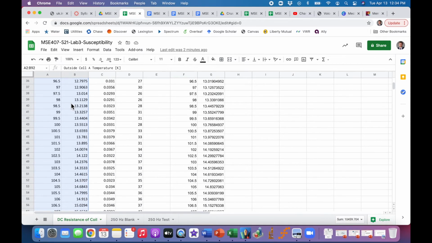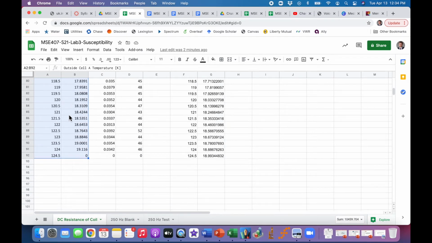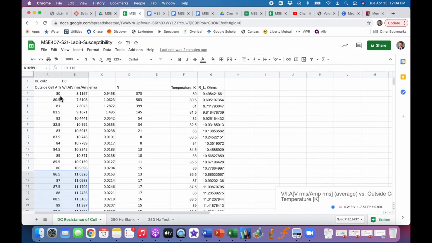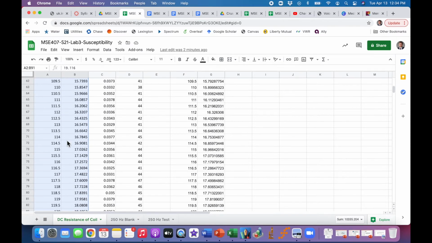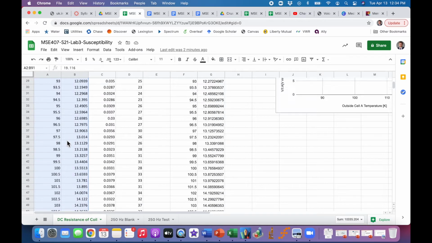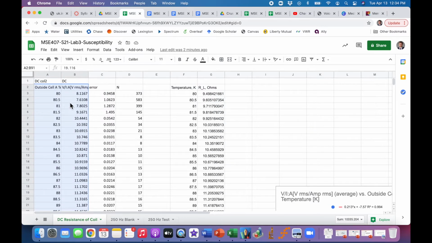The first thing I'll let you know is that the way that we're collecting data, the last one is actually always 0. And so you can ignore that last point so you don't have to deal with that 0. It's just in the way that we collect the data. It's nothing with the actual experiment. If you're curious about that, you'll notice the temperature here as 80, 80 and a half, 81.